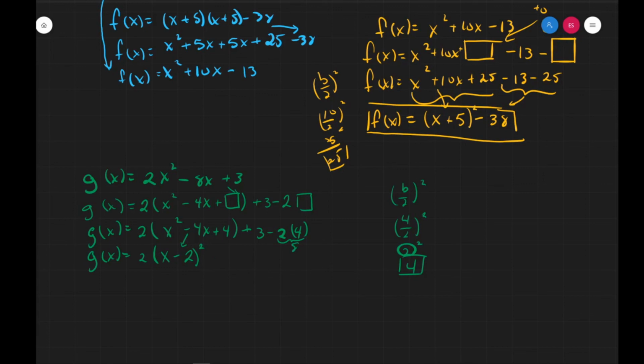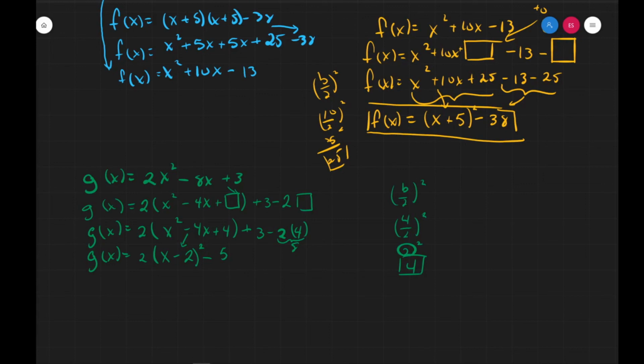Plus 3 minus 8 is minus 5. So we now have a vertex form equation that will enable us to graph this a little bit easier, and be able to find that vertex quite a bit easier.